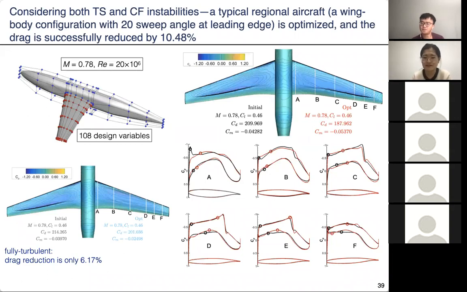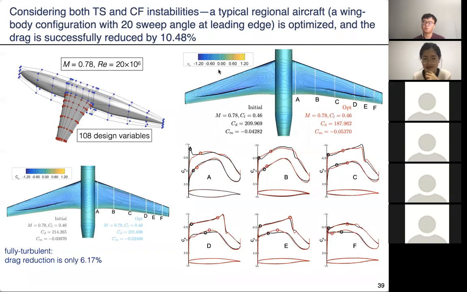I think if we remove the shock wave, it may correspond to a positive pressure gradient, and then it will cause the Tollmien-Schlichting instability and cause the transition. So I think the final result is considering the balance between the shock wave induced drag and the friction drag.